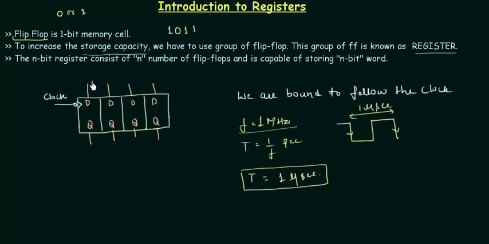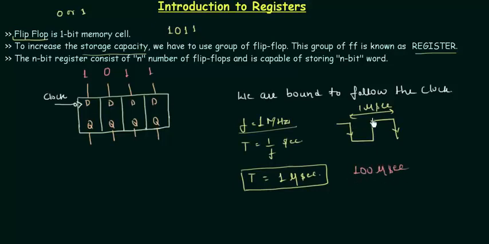For example, if I want to store 1 0 1 1, then I have to simply give 1 as the input to this flip-flop and 0 as the input to this, 1 and 1 in the same way for the last 2 flip-flops. And when the next falling edge arrives, this value will get changed, that we don't want. For example, if I want to store my data for 100 microsecond, what do I have to do?